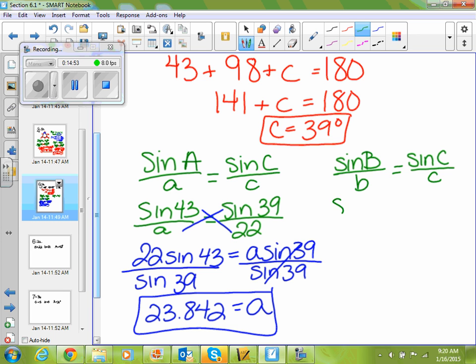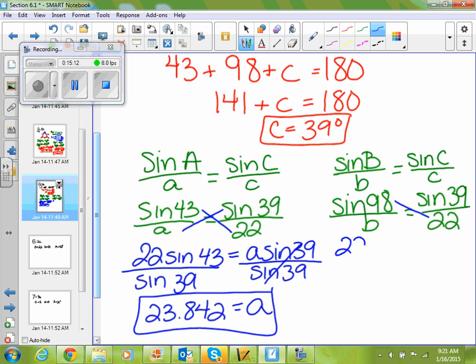I know that B was 98 degrees, so sine of 98 over B equals sine of 39 over 22. Cross multiplying, I get 22 sine of 98 equals B sine of 39.